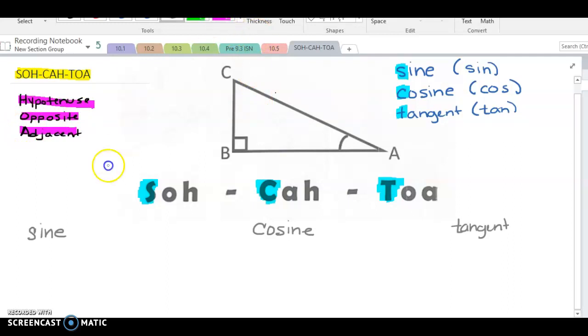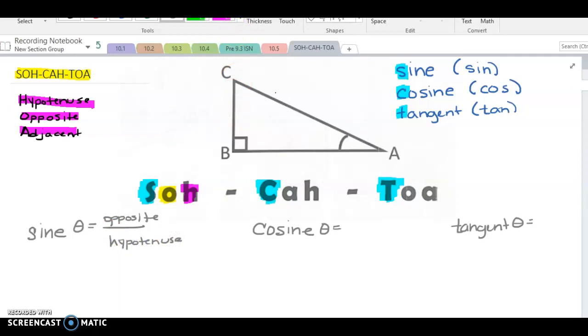Here we would say sine of some angle, and I'm just going to put an X here for an angle we don't know. The sine is going to equal the O, which stands for opposite, over the H, which stands for hypotenuse.